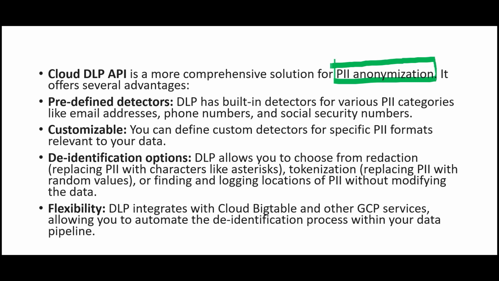It will automatically detect, okay, I see something which is in the format of social security number, and it will de-identify it. In the masking world, or in security world, we use masking word, de-identification word, and so on. And these detectors, you can also create your own custom detectors.